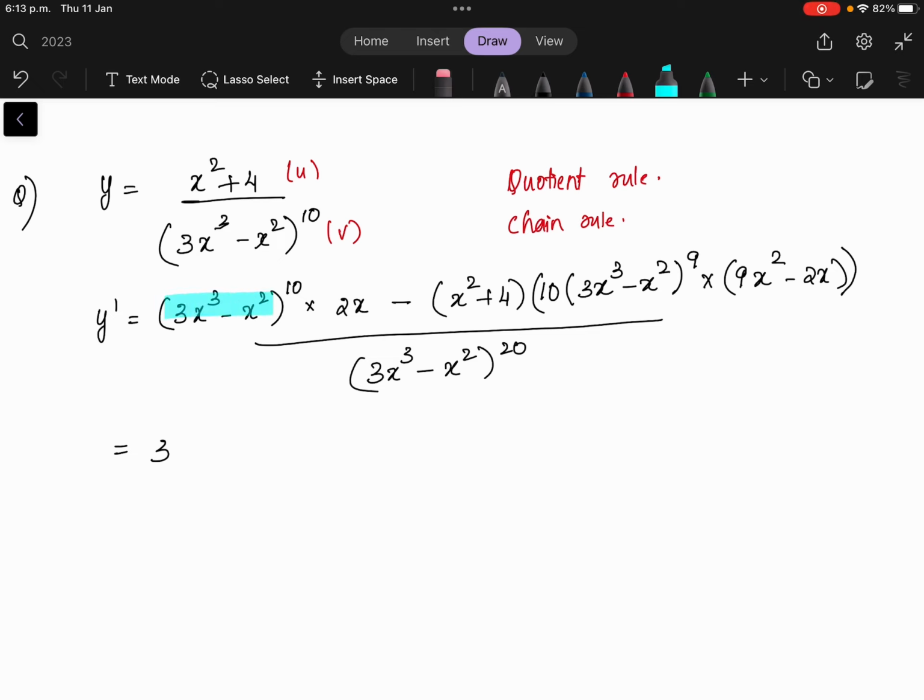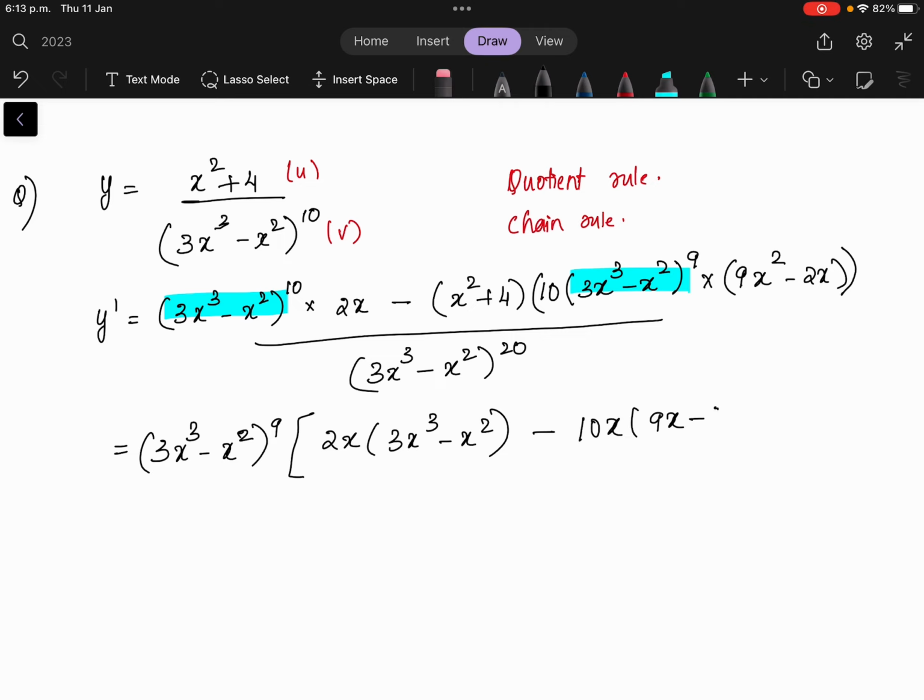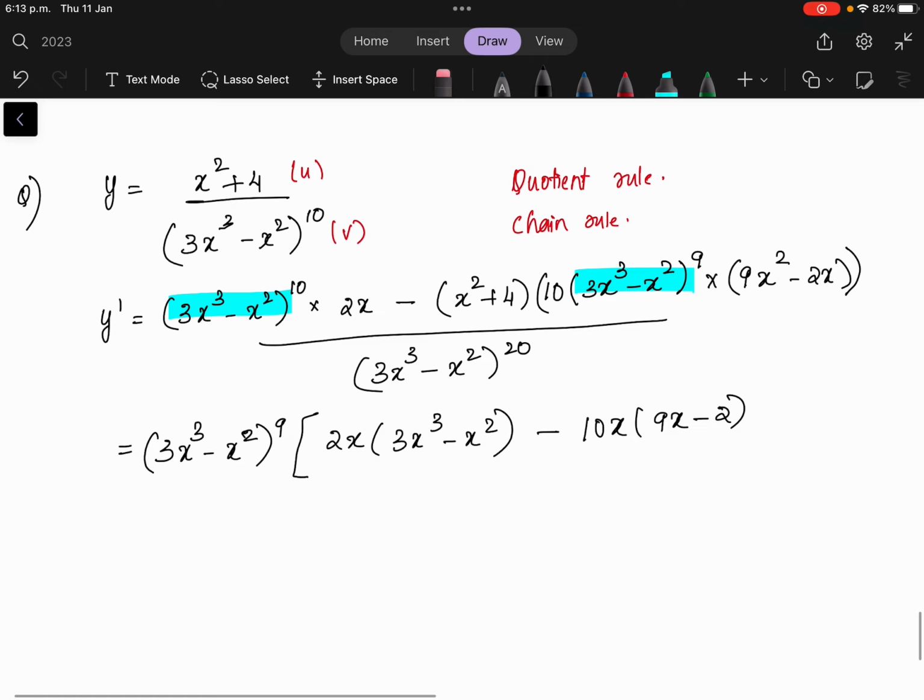So we have this one here, we have this one here, so maybe I can just take it outside, which is (3x cube minus x square) to the power of 9, and then this side it will be 2x, not 2x, there is one more, so it is 2x times (3x cube minus x square) minus, and here what you will get is 10x into (9x minus 2), and (x square plus 4).